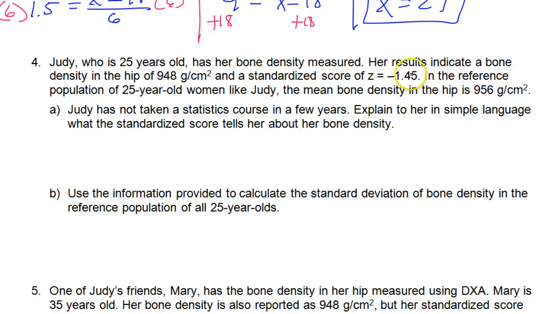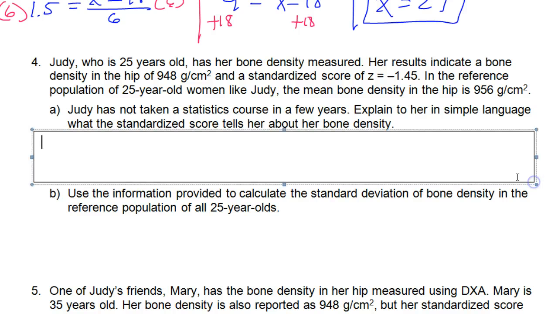So in this case, her z-score of negative 1.45 is telling us that how's her bone density looking compared to other people? It's below, okay? It's not looking too good.